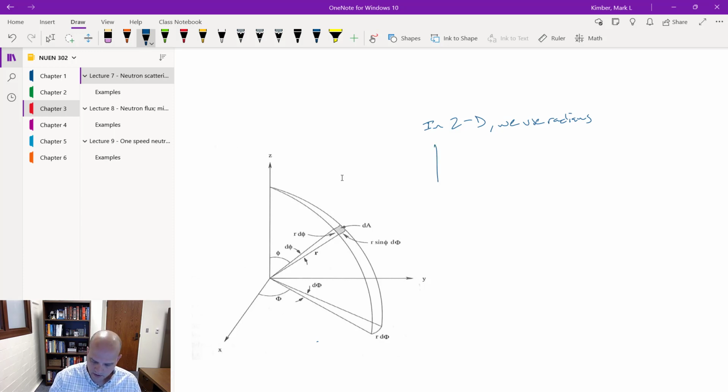And so what this looks like here is, if I have some angle that, let's say, is 1 radian, then what that means is this arc length is going to be equal to the radius.